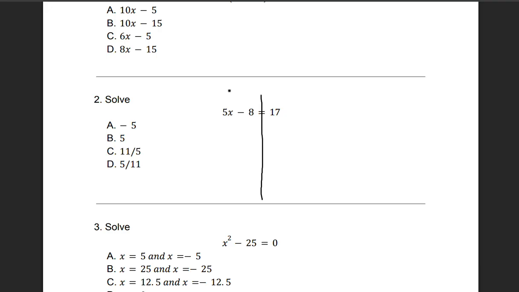Now, with solving, we want to meet our goal, which is to get our variable. So for us, that means that x, I want to get the x to be completely alone. Now, with that, we're going to pay attention to its side of the equation to start.